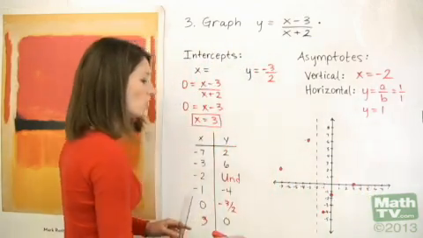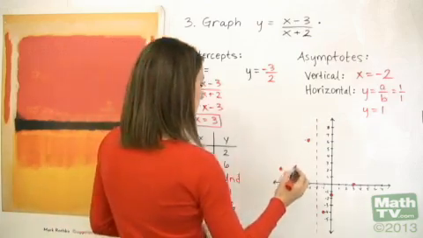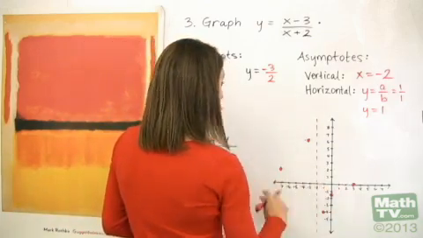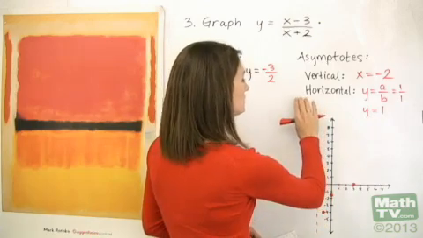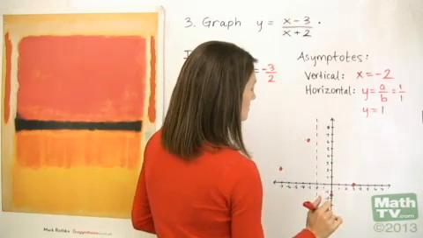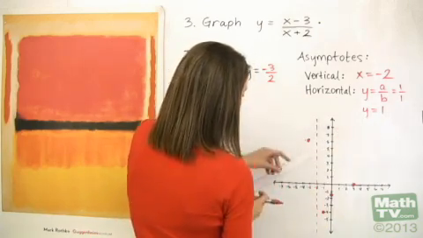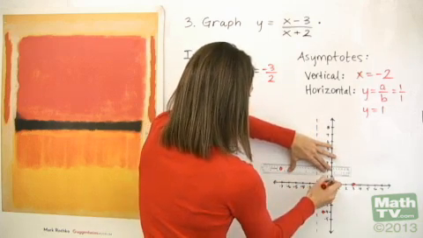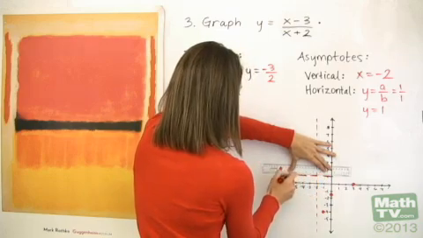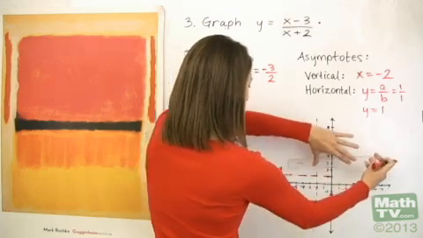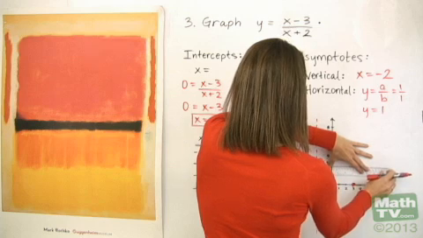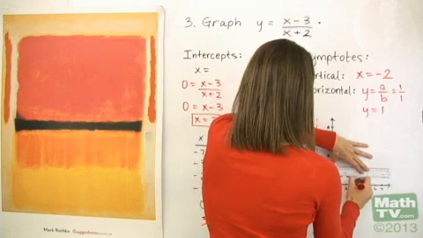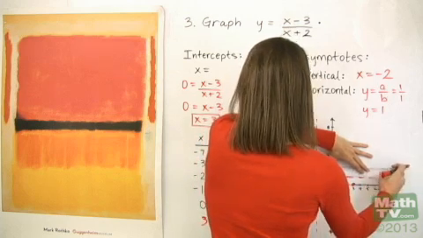Okay, so knowing the general shape of our rational function, oh, you know what? We have one more thing we need to plot. We need to add our horizontal asymptote. So at y equals 1, we can say this is our horizontal asymptote, which is, again, the horizontal line which our function will get very close to but not cross.